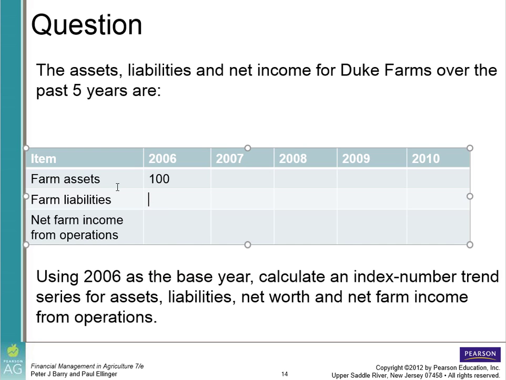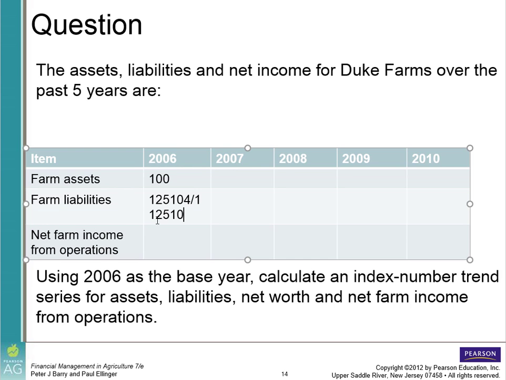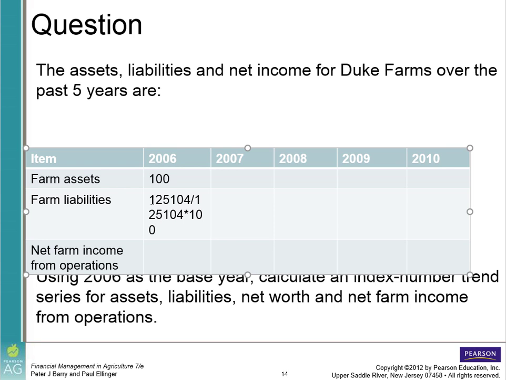The same idea is true for the farm liabilities and net income. It is going to be the value in the current year, so that's 104, divided by the value in the base year, that's 104, and then of course times 100.